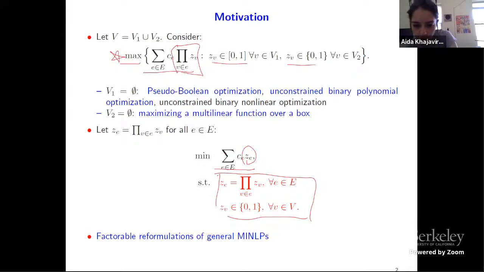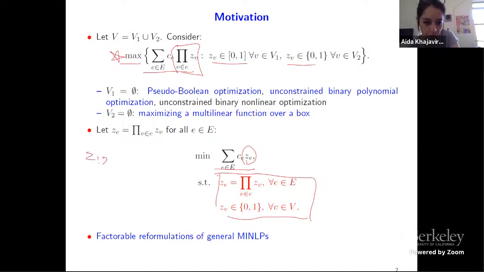each individual product, right? The feasible set here is obtained by intersecting all these equations. But now let's take each equation in isolation. Let's say I look at an equation of the form Z12 equals Z1 times Z2, where Z1 and Z2 are binary.